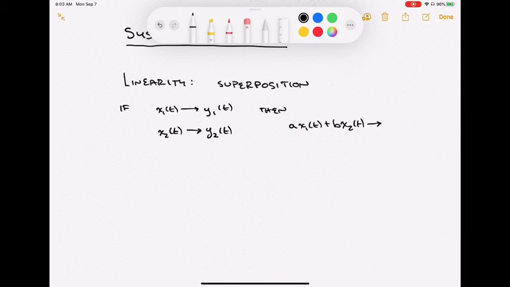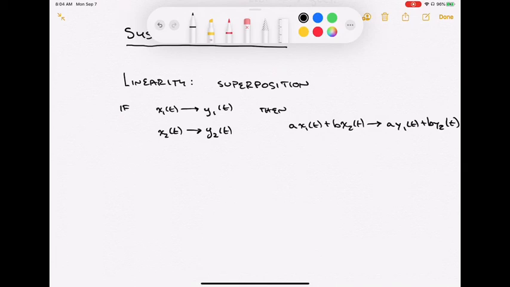Well, the modified input is just a linear combination of these other inputs. It's a sum of scaled versions of inputs, a x1 plus b x2. And if linearity holds, then the output would be the same linear combination of the outputs. That would give us a y1 of t plus b y2 of t. So if I scale an input, I just get a corresponding scale on the output.